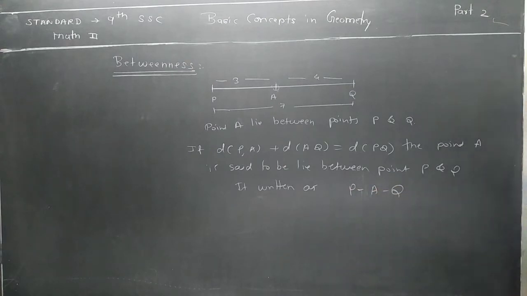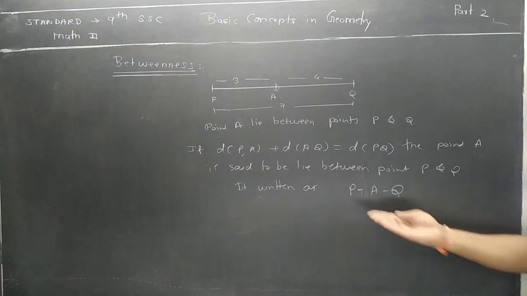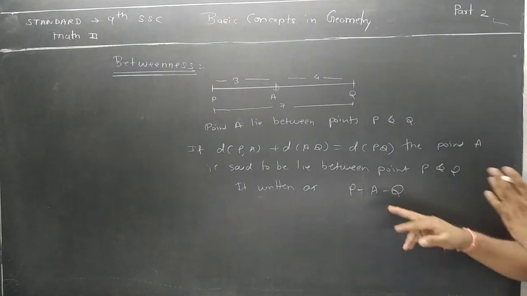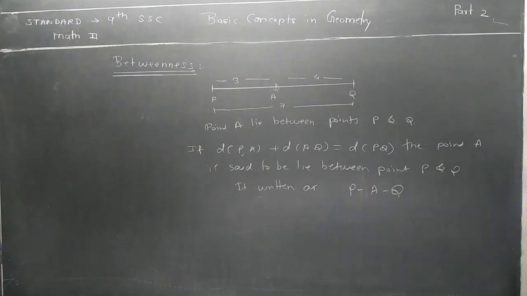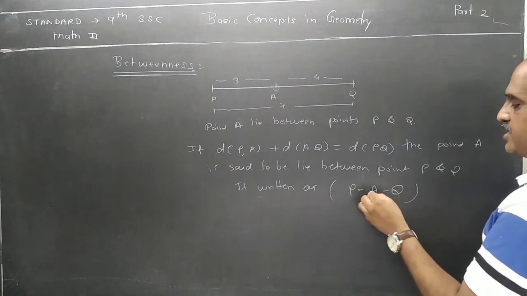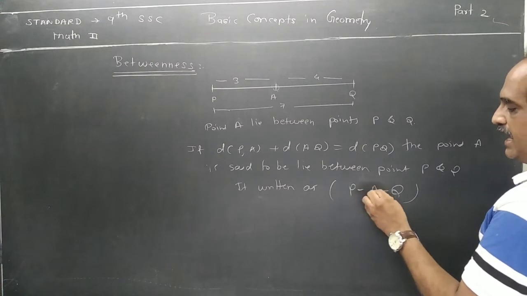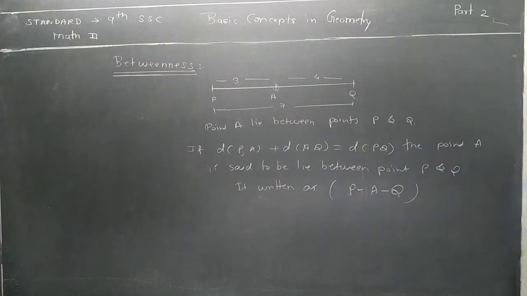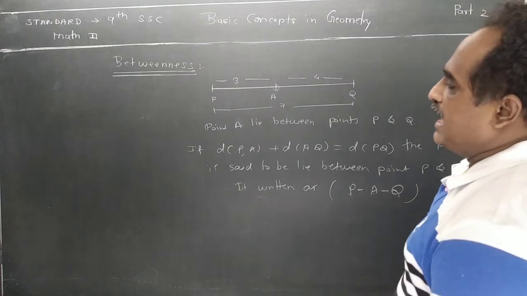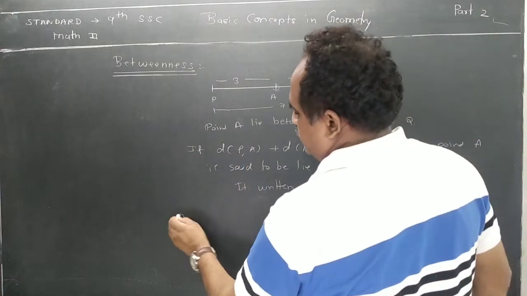How do we read it? A lies between what? P and Q. Or I can say that P, A, Q are collinear points and A lies between P and Q. It is written as P-A-Q, which means A lies between P and Q. See once again. You got my point? Have you understood this? I will take the second example.